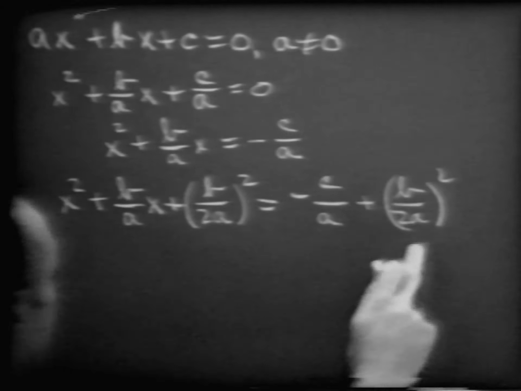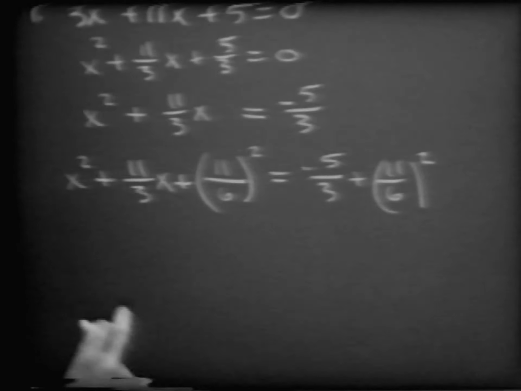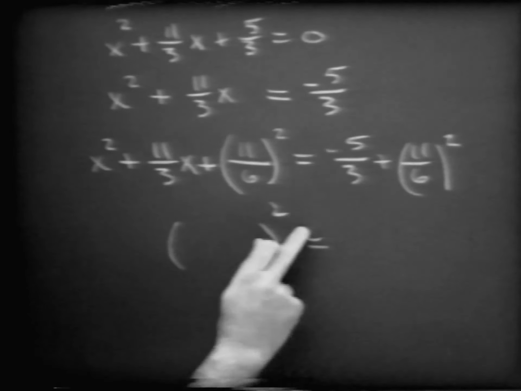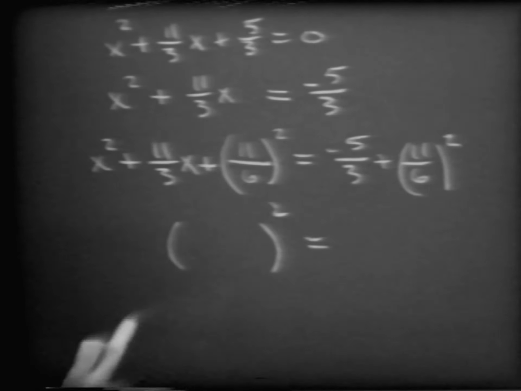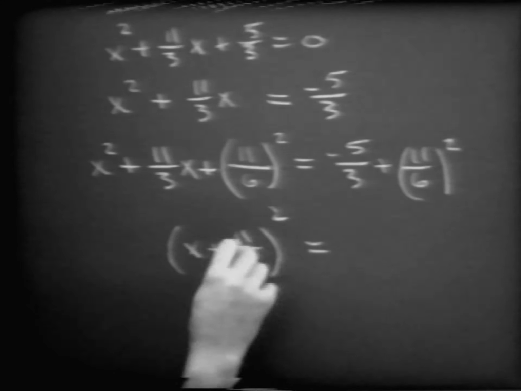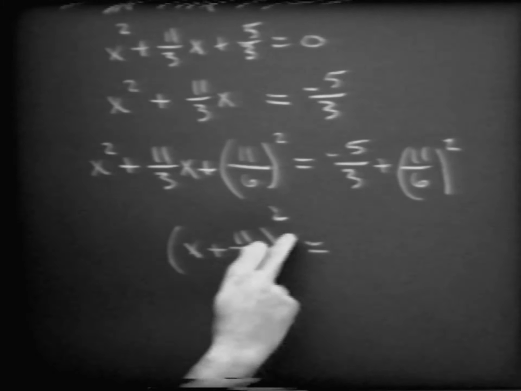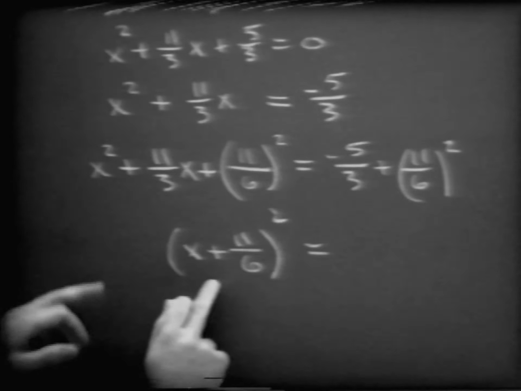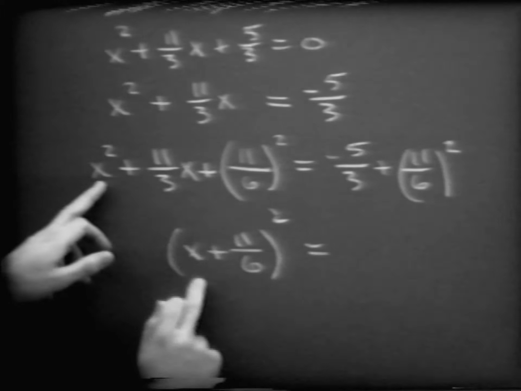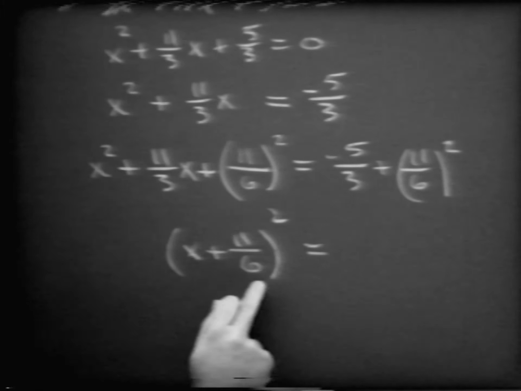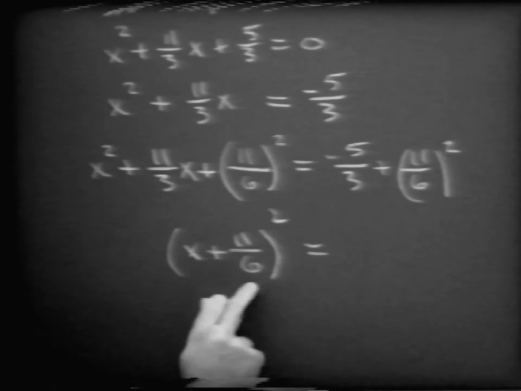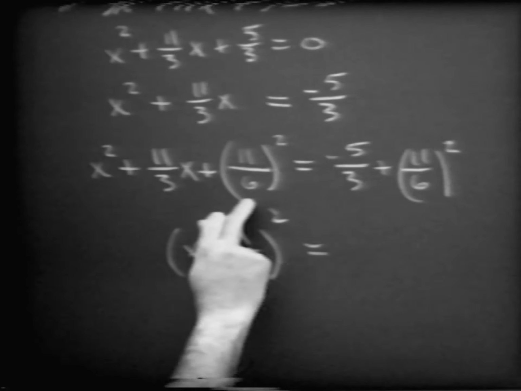So here's the opposite of c over a plus b over 2a, the quantity squared. Let's now come back to our specific case, and another sentence which we may write for the left-hand side is something squared. What is this something? X plus 11 over 6, the quantity squared. Let's check: there's an x squared, plus twice the product, and twice 11/6 is 11/3 x, plus this number squared, 11 over 6, the quantity squared.